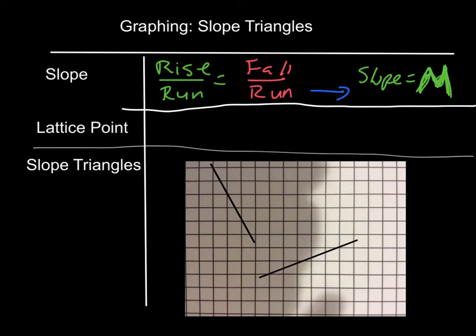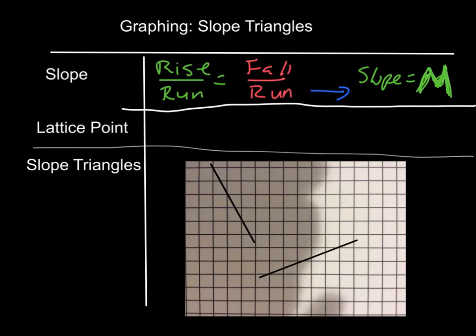So those two lines cross there, they're an intersection of two lattice lines. That's what lattice points are. So you should write yourself a definition here of how you would explain it to yourself. They are intersections of two lattice lines, or however you like to say that.